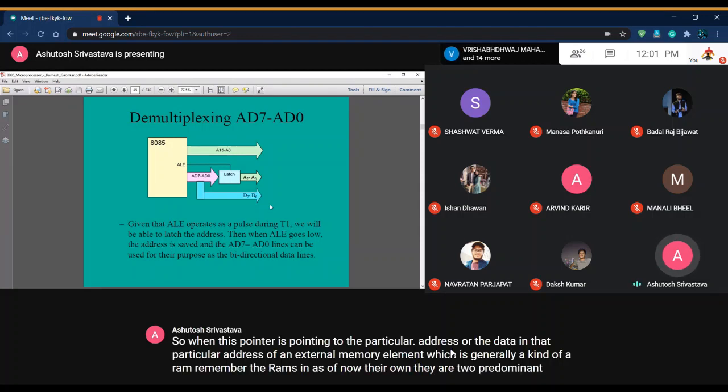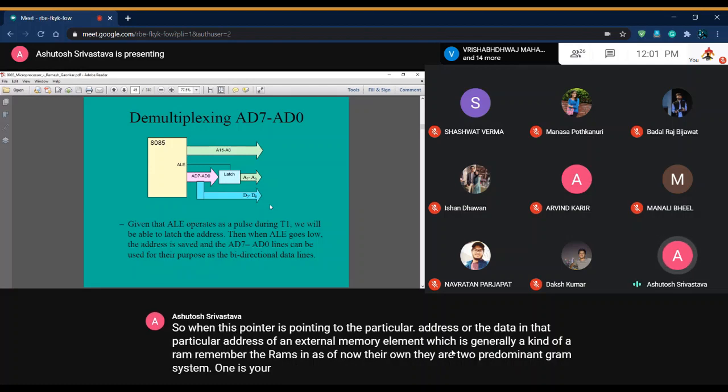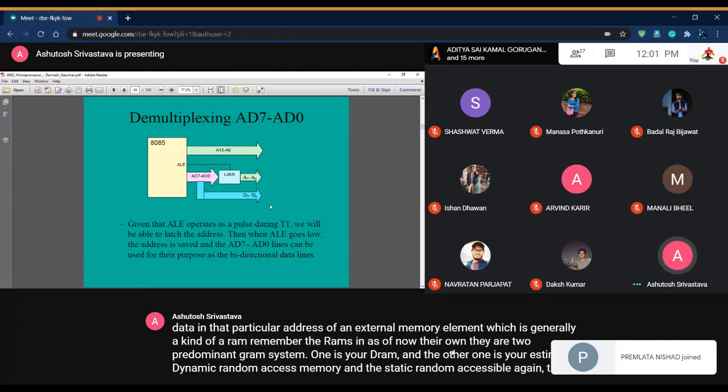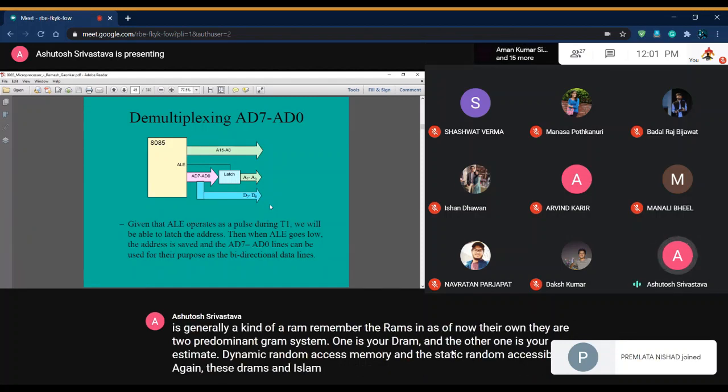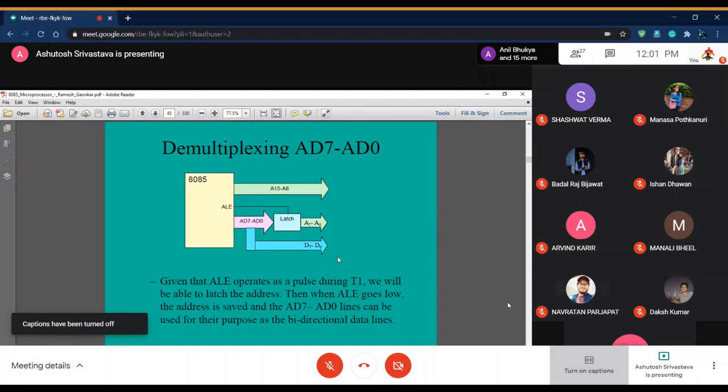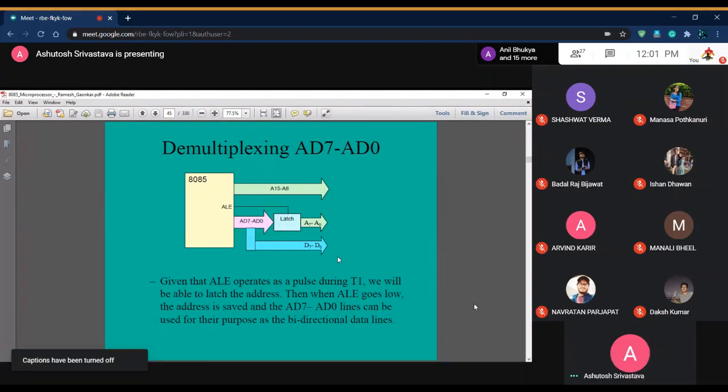One is your DRAM and the other one is your SRAM. So dynamic random access memory and static random access memory. Again, these DRAM and SRAM are made up of basic transistors, but they have other components too.